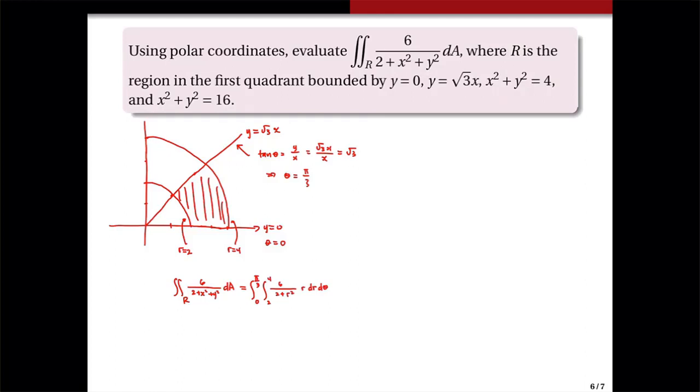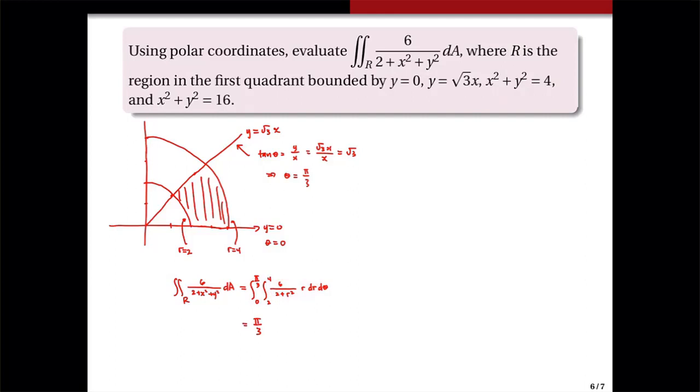And now this is just simple substitution. This part does not have any theta. So if we integrate with respect to theta, we just subtract, so we will have pi over 3 minus 0, that's pi over 3.